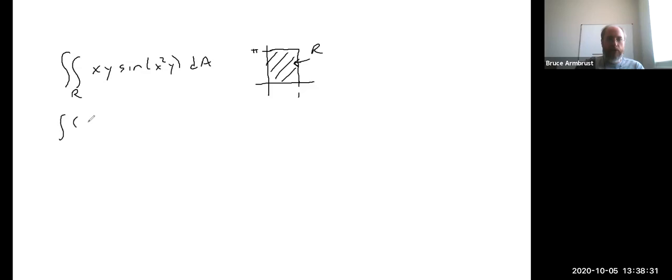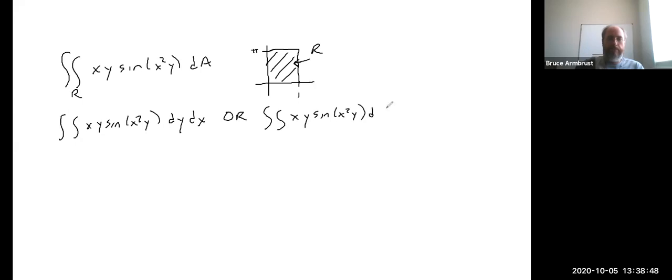So we actually have two choices here. We can set it up as a dy dx, or we can do it as a dx dy. So let's set them both up and then we'll decide which one we want to do.